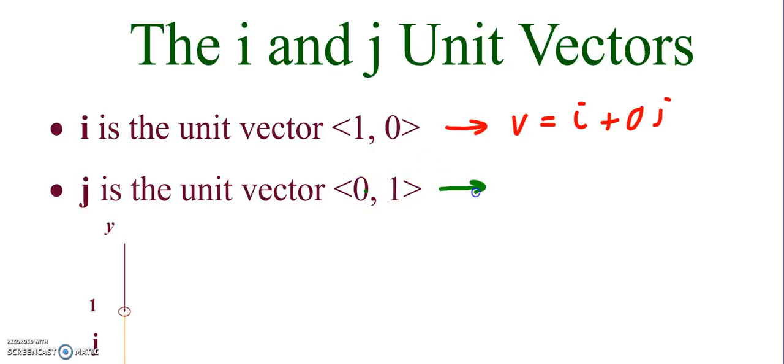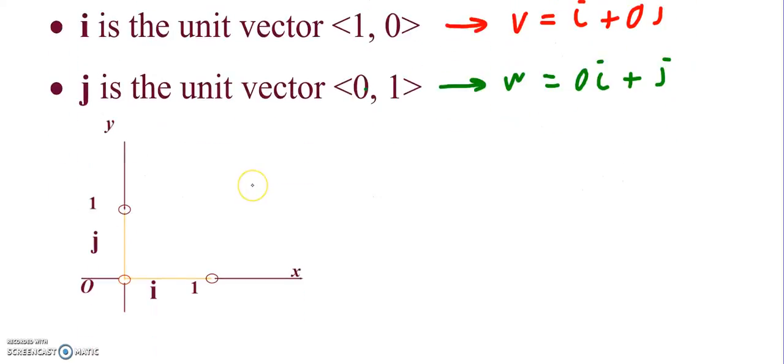And in rectangular form, I'm going to call it something else, so let's call it w, would be 0i plus j. And so all these are the generic vector. 1 unit up would be the j unit vector, and 1 unit horizontally would be the i unit vector.